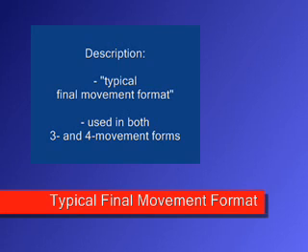That is why rondo is properly thought of as being typical final movement format, because rondo is used in both 3 movement and 4 movement forms. Indeed, if a composer does not choose to use sonata allegro for the 4th movement of a 3 or 4 movement composition, 9 times out of 10 he will choose this particular movement format, rondo.